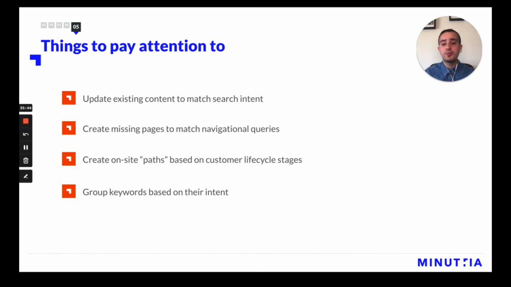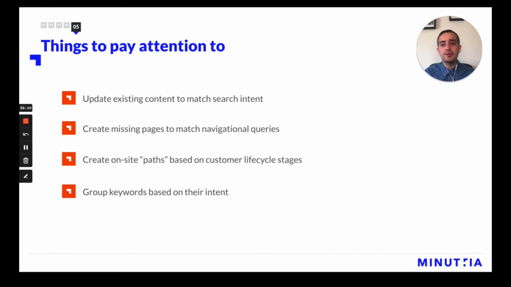Another thing that you need to pay attention to is to create missing pages to match navigational queries. This is more important for brands and companies in later stages, where you will notice that as your brand grows, as your product grows, as you acquire more customers and more people join your company, people are searching for different things around your company.